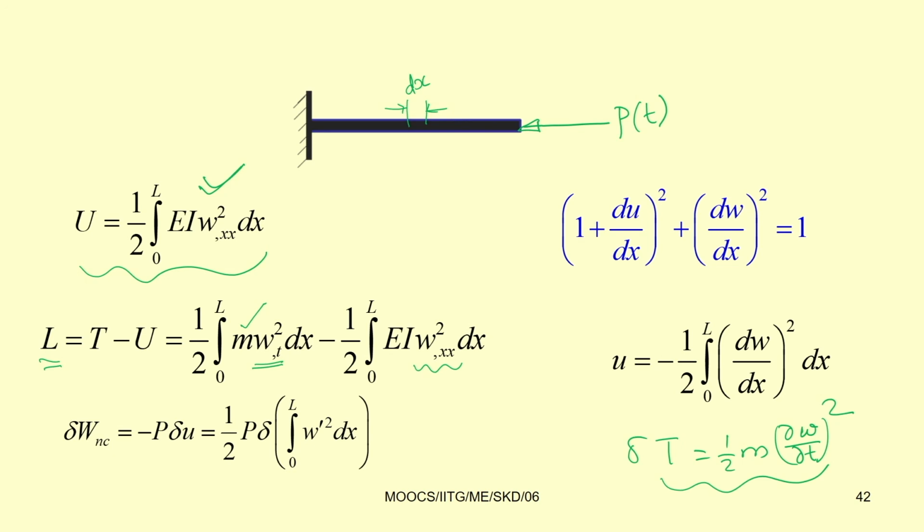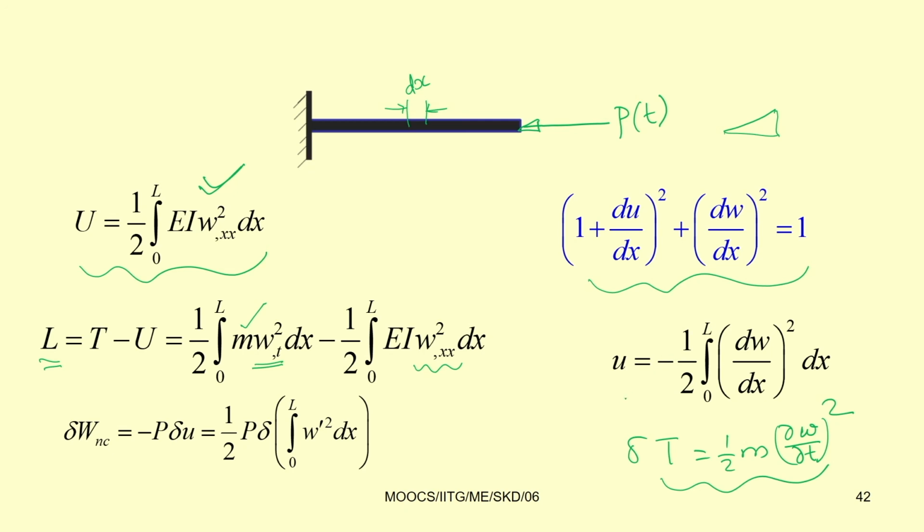Now, by taking the inextensibility condition, for example, if you take a small element, let the displacement along the x direction be u, and in the transverse direction it is w. You can find the inextensibility condition using this expression: (1 plus del u by del x) whole square plus (del w by del x) whole square equal to 1.